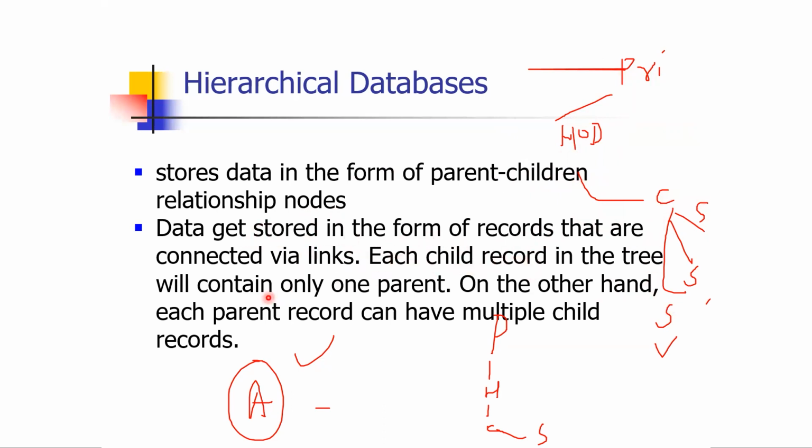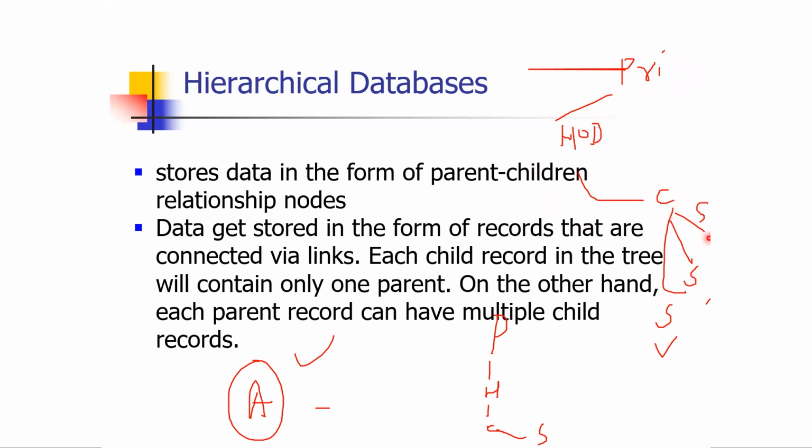Each child record in the tree will contain only one parent. On the other hand, each parent record can have multiple children. See, between principal and HOD, one parent, one child. Between HOD and class teacher, one parent, one child. For class teacher and subject teachers, one parent but different children. So the parent will always be one, but the children can be multiple.